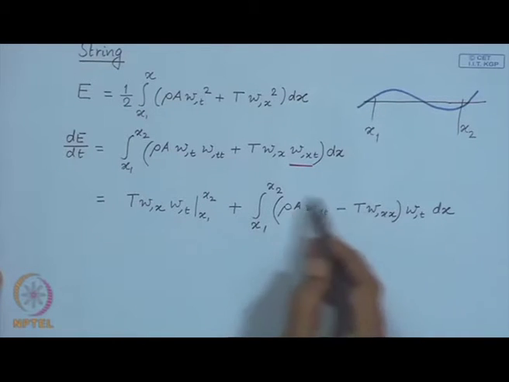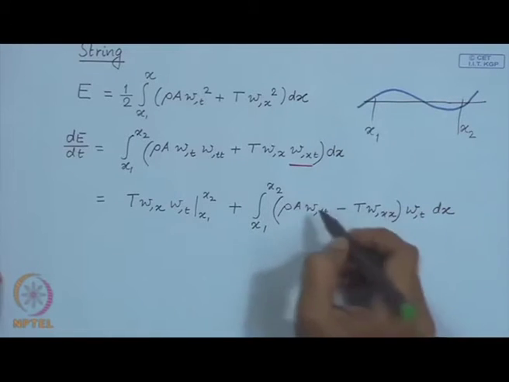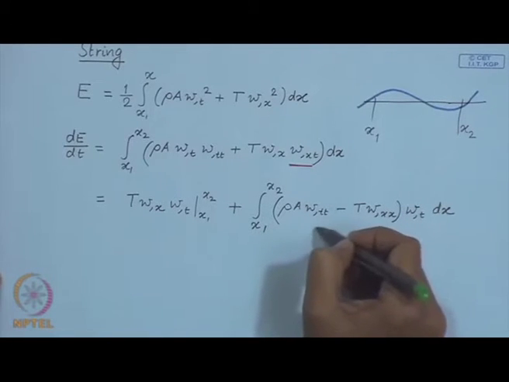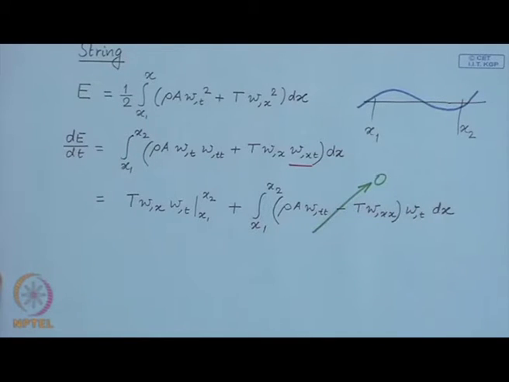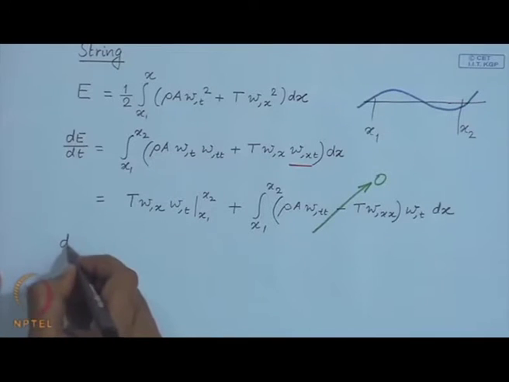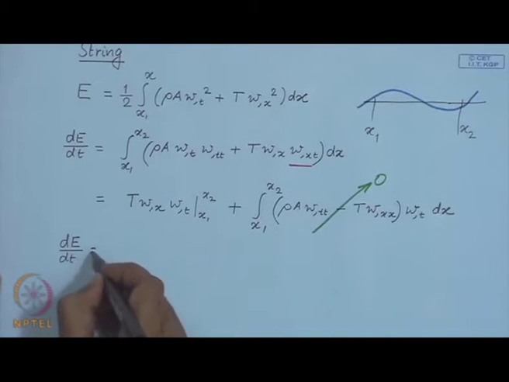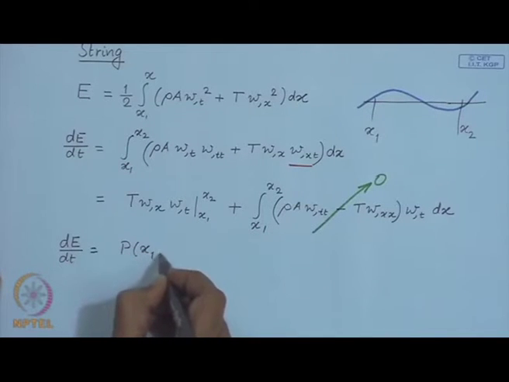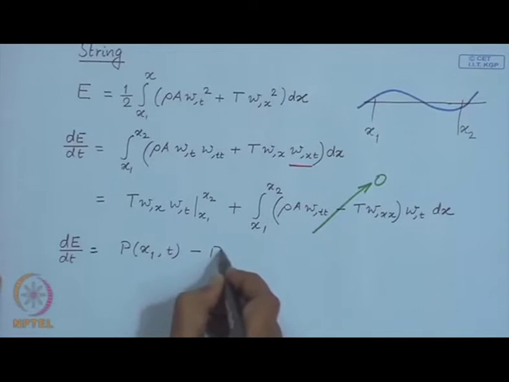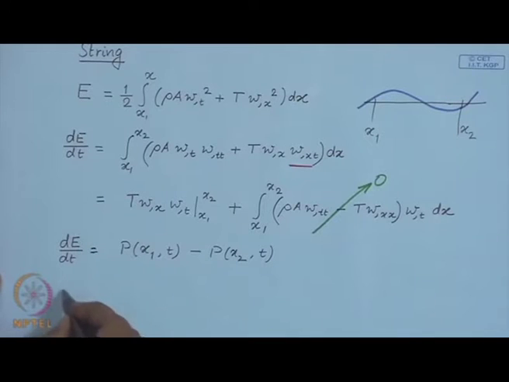Now, this being the equation of motion, we assume that this is governed by the wave equation, the equation of motion of the string. So, this must be satisfied. So, this is 0. So, what we are left with I will write as this, where I have defined this.